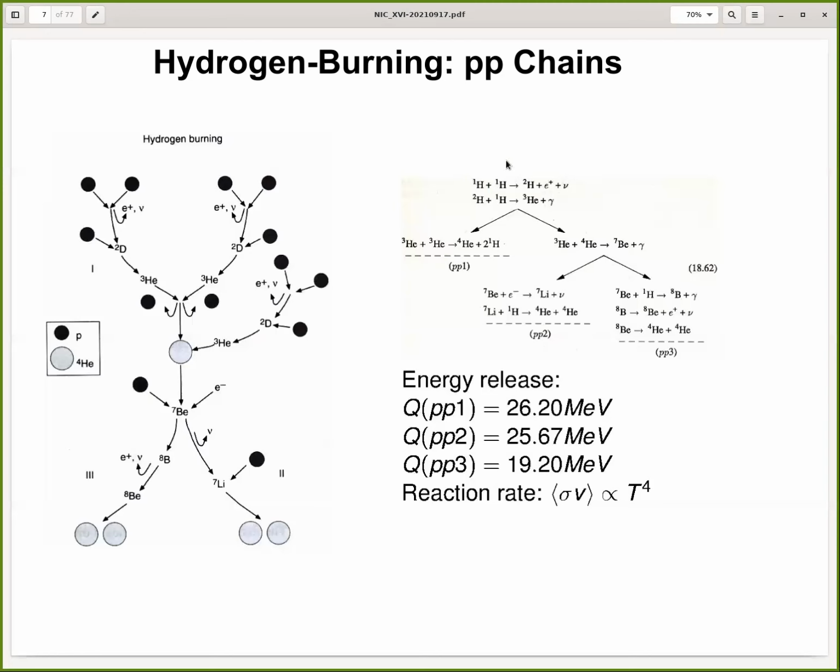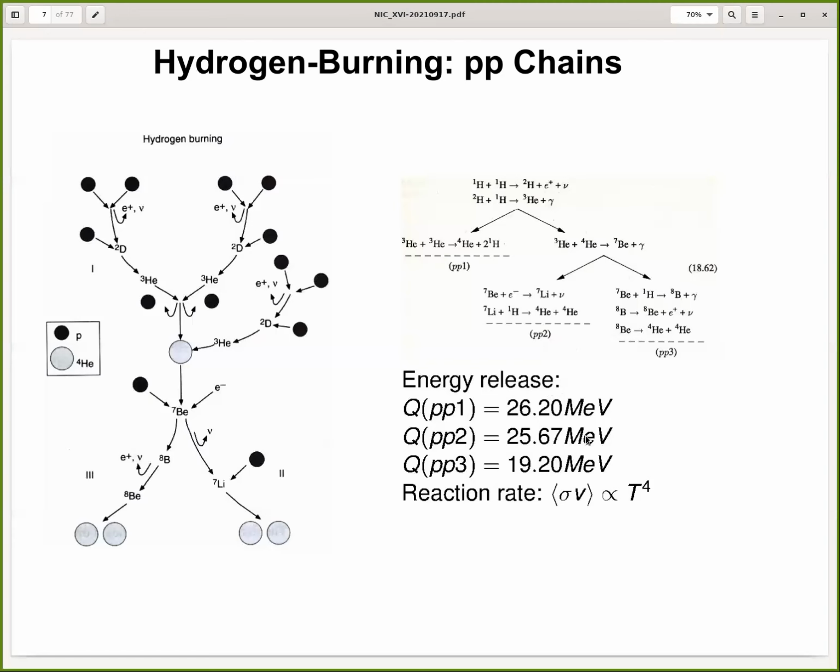So all of these have the same input and output, but they deposit different amounts of energy inside our star. So maybe energy release is not quite the right way of putting it. What is meant is the amount of energy that is deposited in the star.